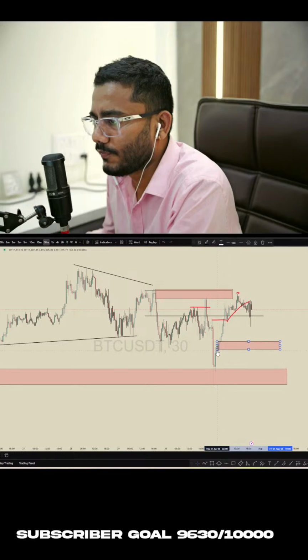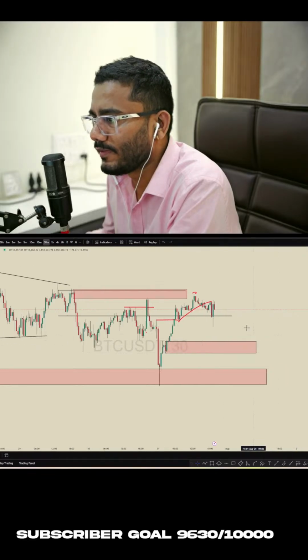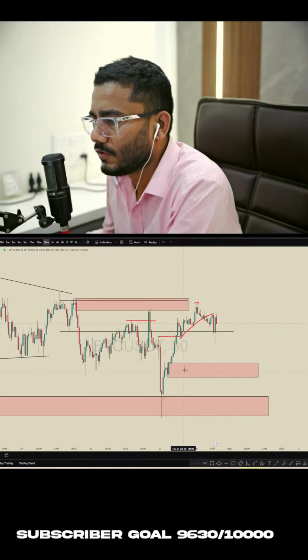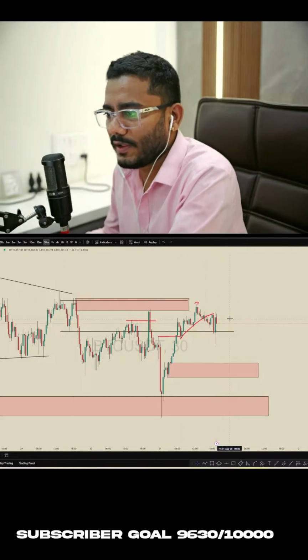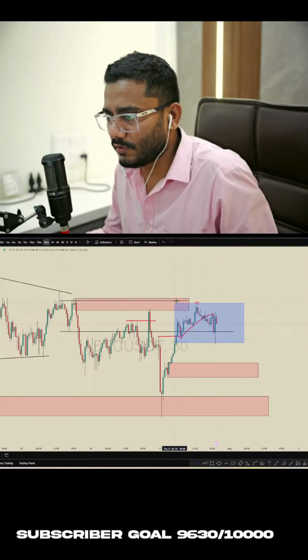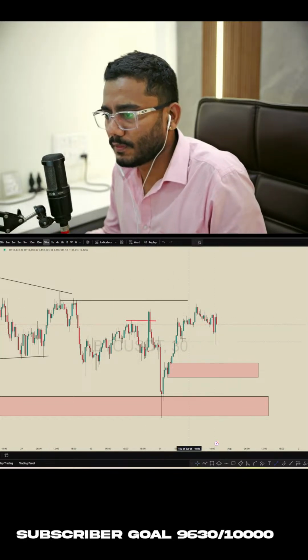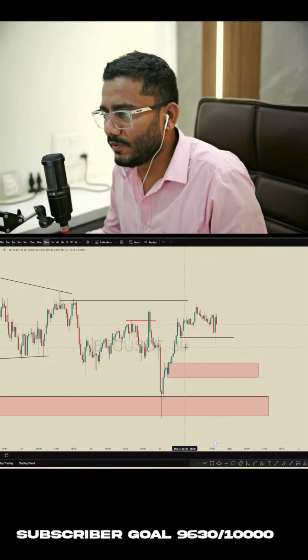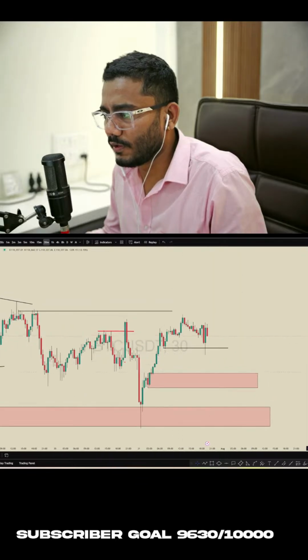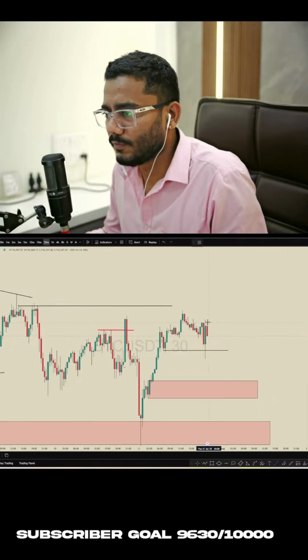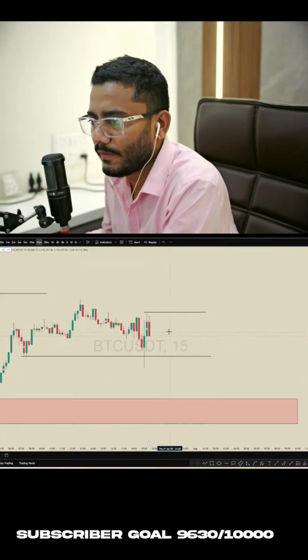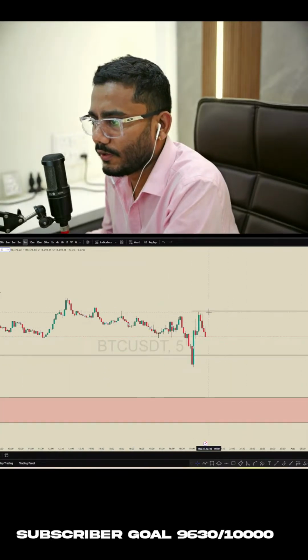But right now we are looking for a buy side setup. So this is the area where we look for a buy side setup. What price is doing right now is it swept the liquidity from this low, and price wants to go to the upside, to the high side, creating a new higher high.